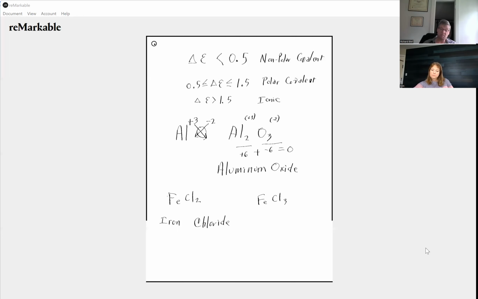So what's the name of the compound on the right? Iron chloride. Do we see a problem here?